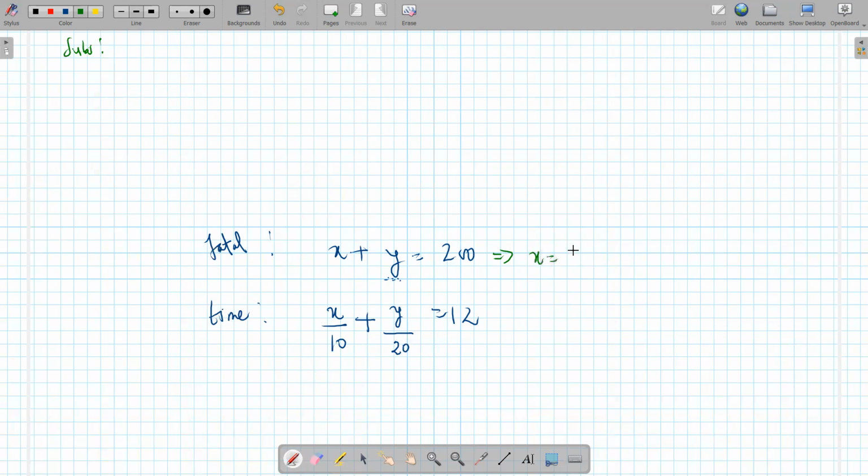I'm going to write this in terms of x because x is the thing that we're going to need to solve for. So x becomes 200 minus y. So this equation, you want to plug this as x in there. So that's going to become 200 minus y divided by 10 plus y over 20 is equal to 12, right?